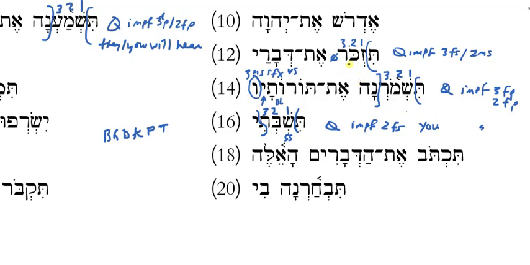To remember. Yes. Now, how will I translate this if it's 3FS? She will remember. Tizkor, she will remember. And if it's 2MS? You man will remember. Et devarai. This is marking my direct object. Devarai. Which pronoun is this yod here?